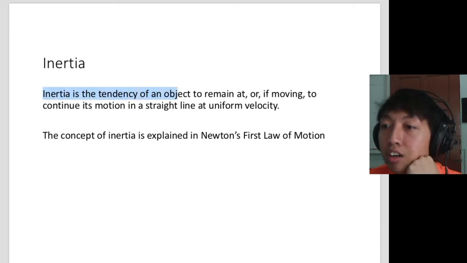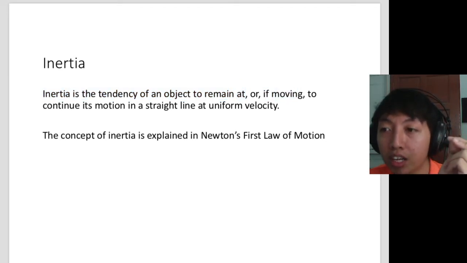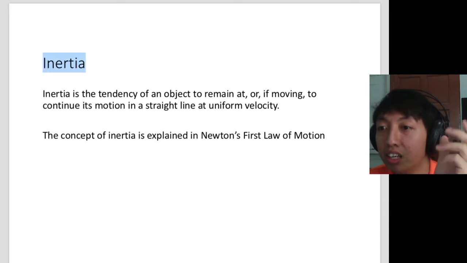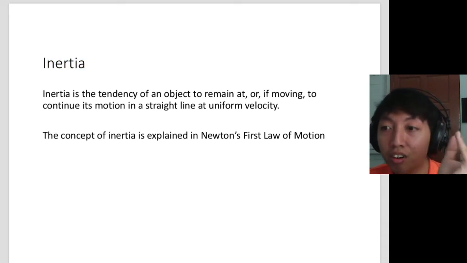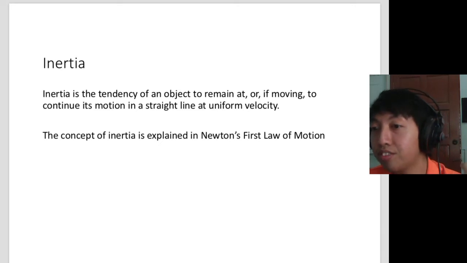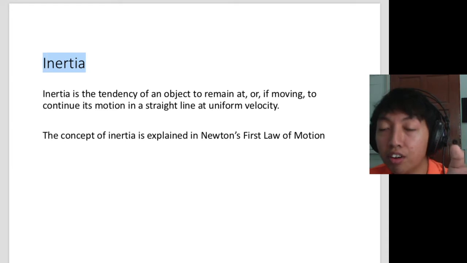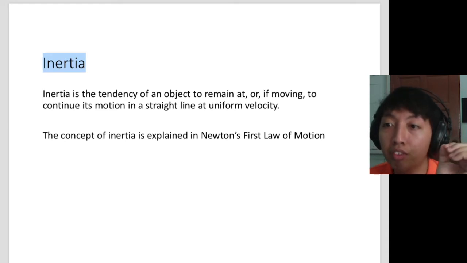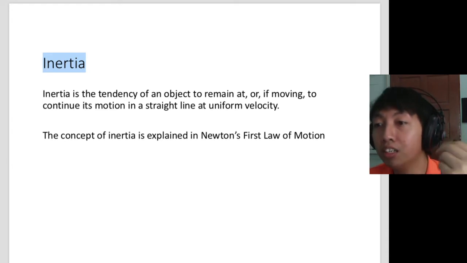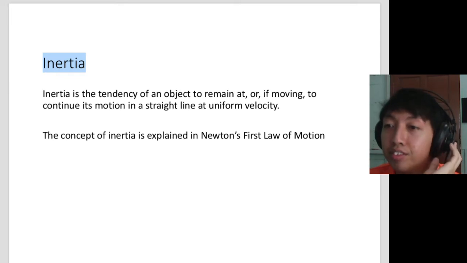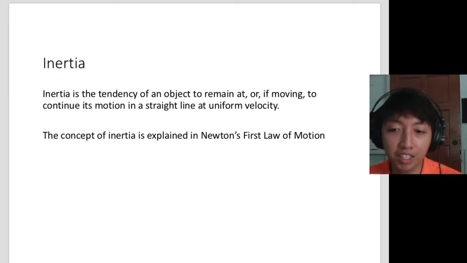If something is not moving, then the law of inertia states that it has a tendency not to want to move. Or if it's moving, then the concept of inertia says that something that is moving has a tendency to keep moving. So what is this in simple terms?